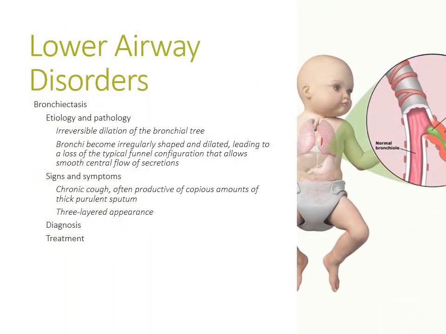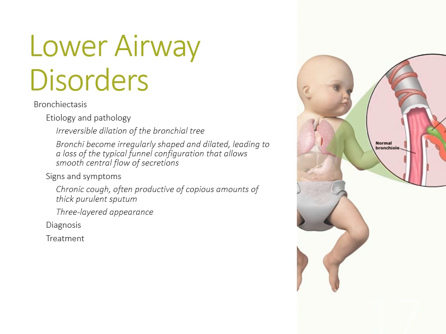Bronchiectasis. Bronchiectasis is defined as the irreversible dilation of the bronchial tree. Typically, the segmental and subsegmental bronchi become irregularly shaped and dilated, and this leads to a loss of that smooth configuration that allows the natural flow of secretions.